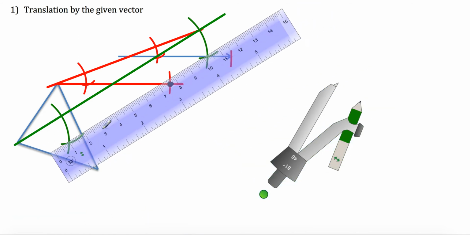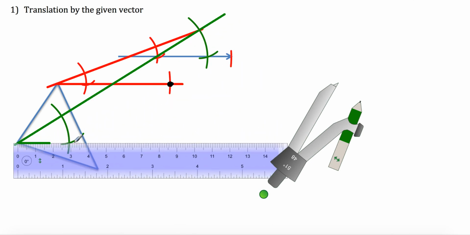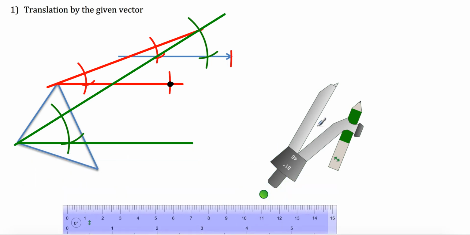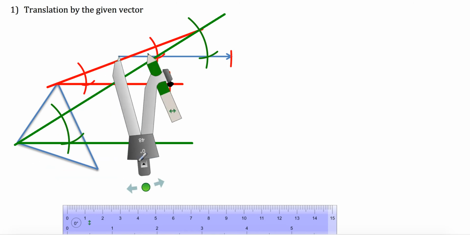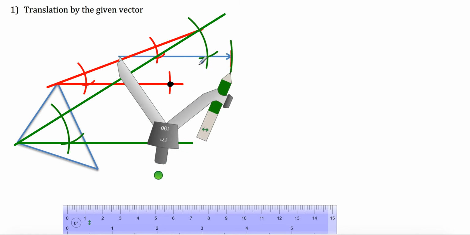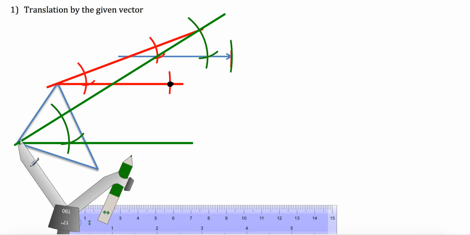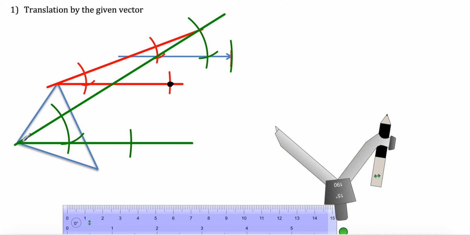And then all I have to do is connect those 2 points. All right, now I have to go back here. Our vector is this much long, so I'm going to go over here and draw an arc. Then I know that this point over here has been translated to this point. So I got the second point.